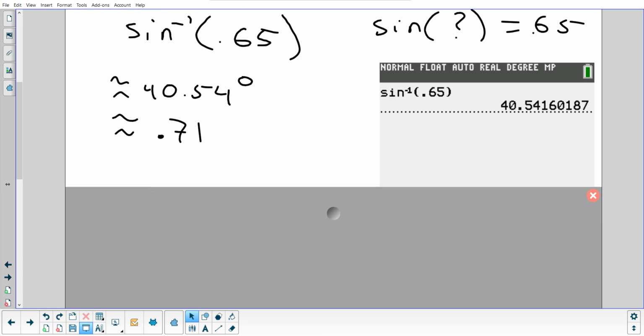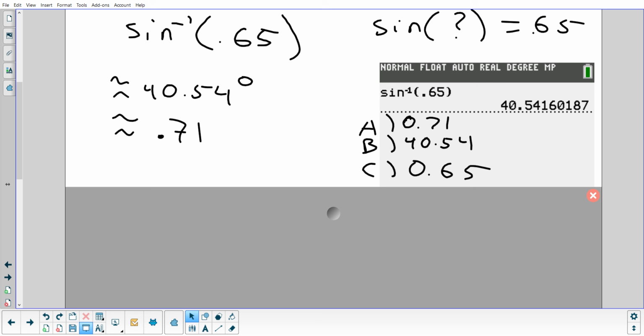All right. So let's say this was a multiple choice question. Just give you 3 choices. And let's say I gave you choices of 0.71, 40.54, and 0.65.